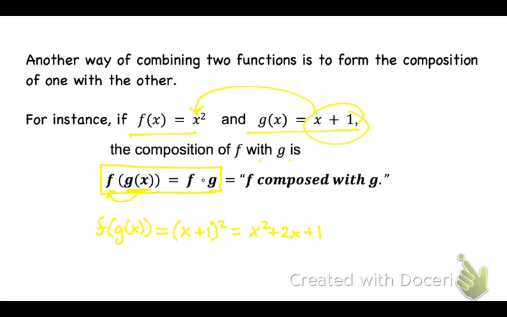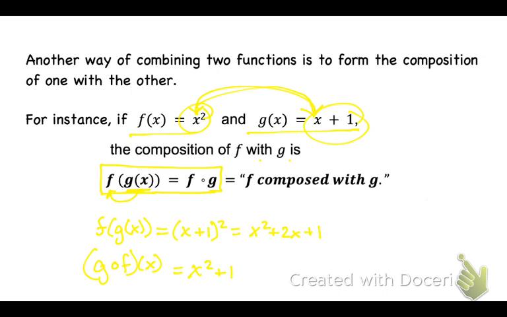What about g composed of f? It'd be x squared. So x squared goes in for x. X squared plus what? So it'd just be x squared plus 1. So is it commutative?